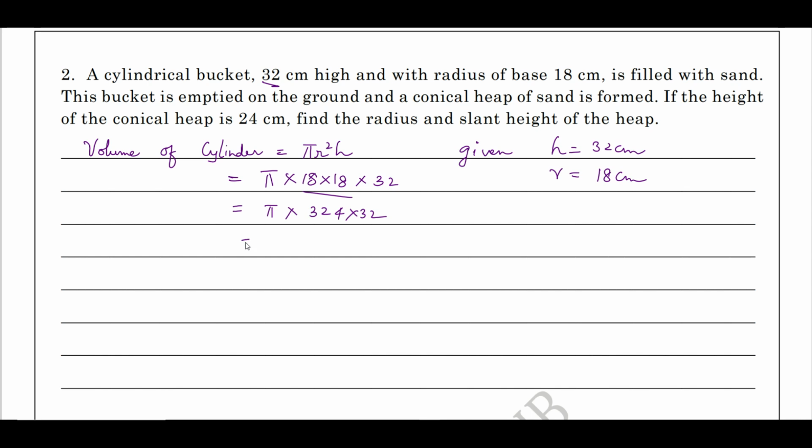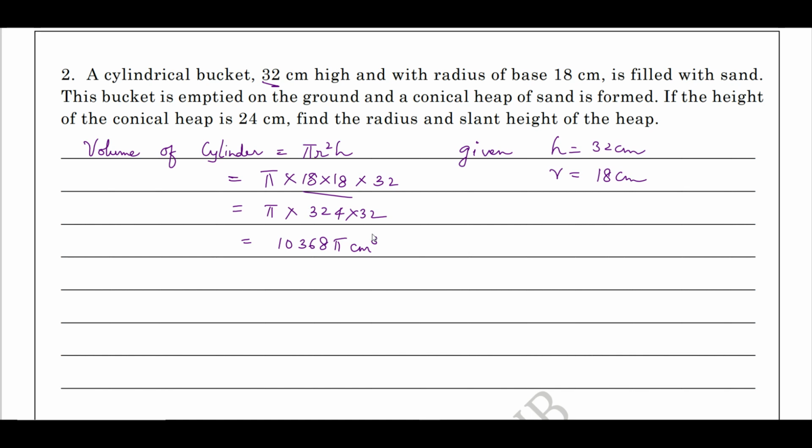Now 324 into 32, multiply, we get 10,368 pi centimeter square. Since it is volume, it will be centimeter cube. 10,368 pi centimeter cube.